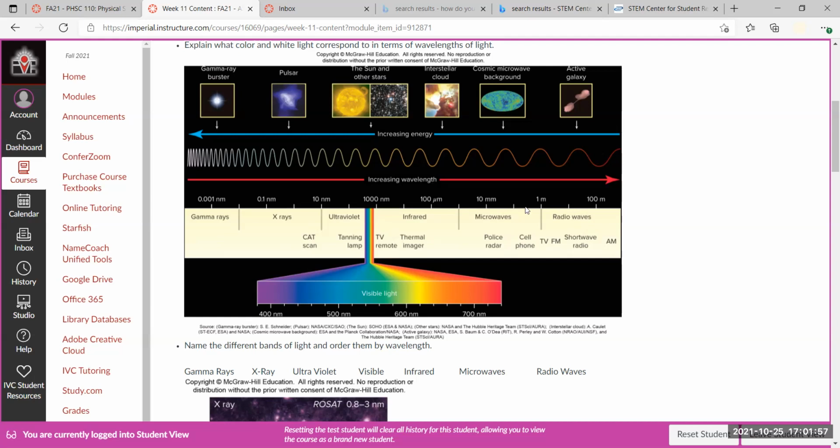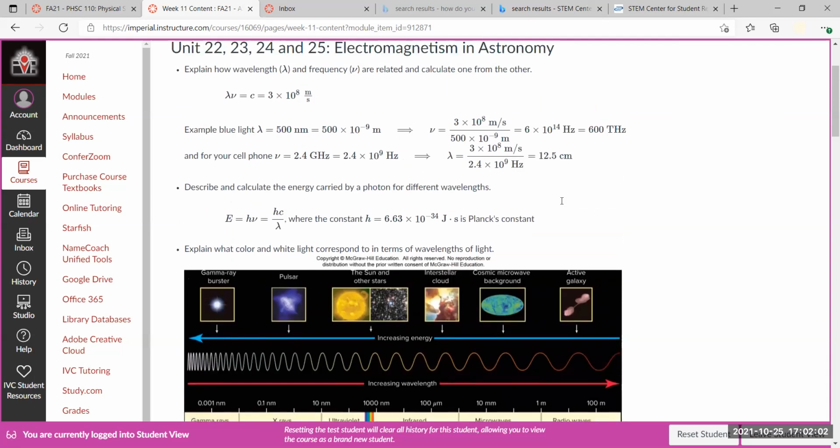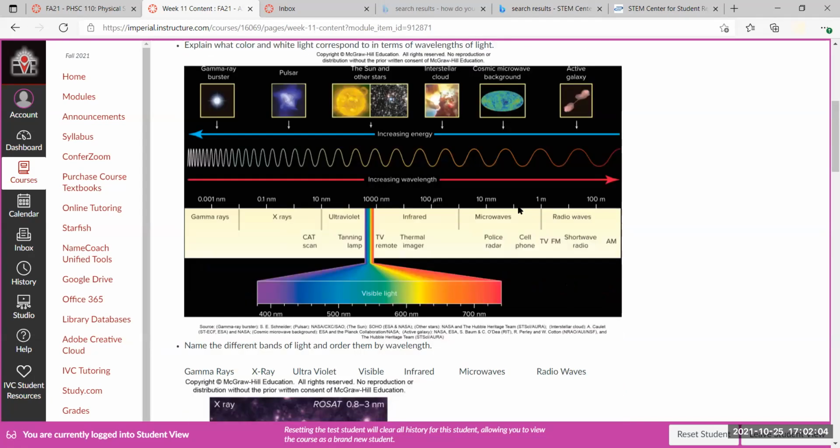This is 10 centimeters. We found 12, okay, in the example that I mentioned before, 12.5 centimeters. So it's really within that range, okay? Whereas when we looked at the blue light, somewhere in here, this is the blue.